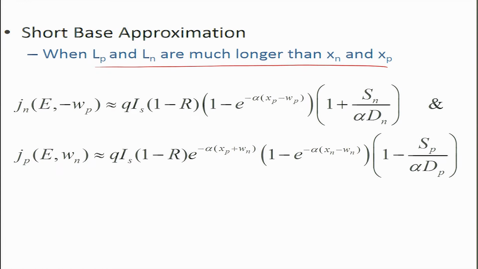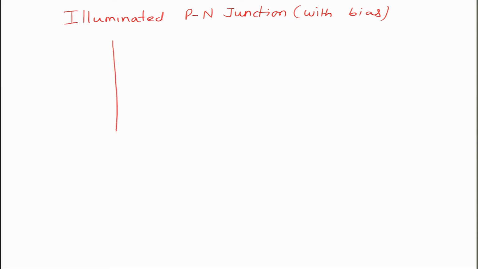So, if you have an illuminated p-n junction with bias, let us make a plot of energy as a function of distance x.